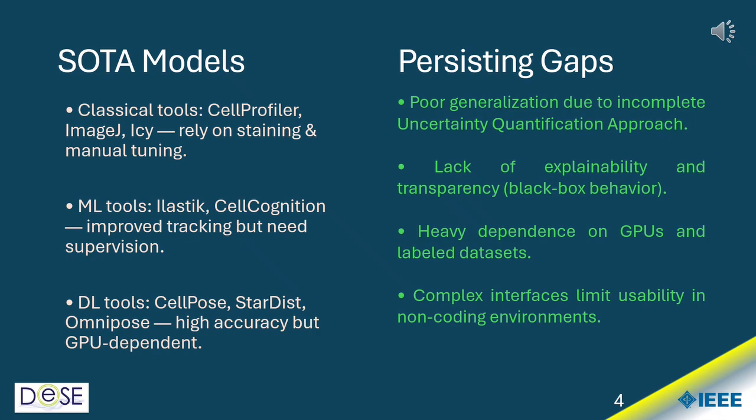Therefore, evidently, persisting gaps remain with poor generalization due to inappropriate uncertainty quantification, a lack of explainability, strong dependency on GPUs, and complex interfaces or script-based access, which make them difficult for non-programmers to use.